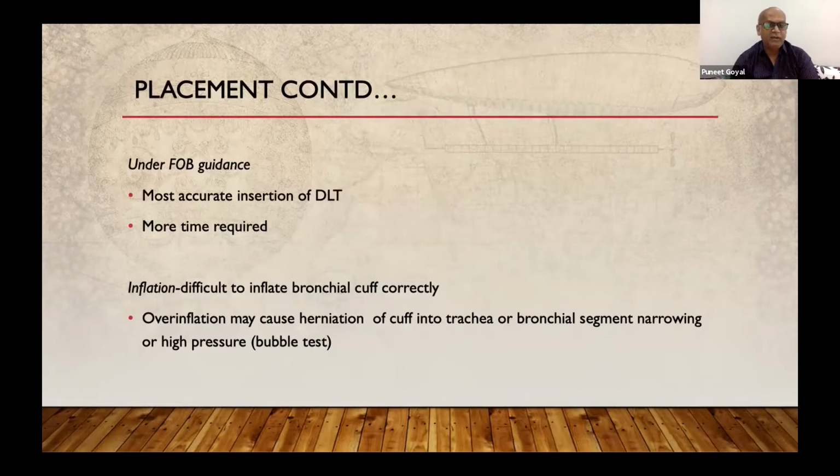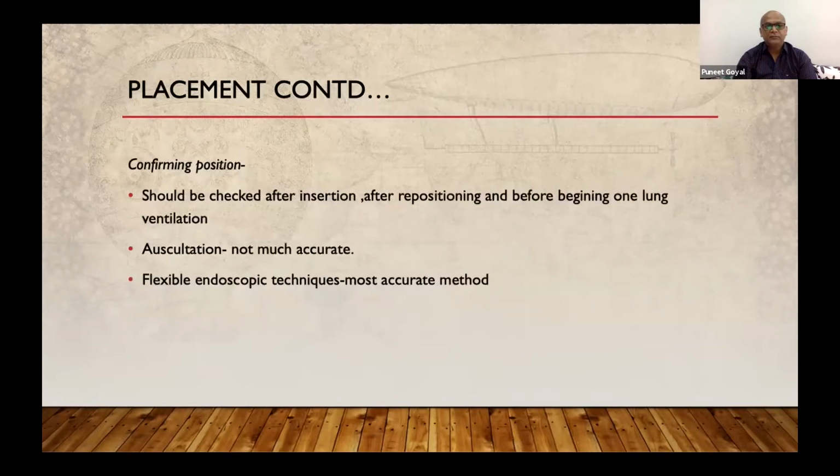More time is required, you need to be familiar with the gadget, and one should not overinflate the bronchial cuff. Overinflation may cause herniation of the cuff into the trachea or the bronchial segment and can obstruct ventilation.